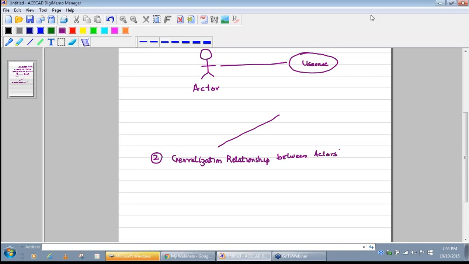The notation for generalization relationship is an arrow like this. Generalization between actors. Association between actor and a use case.